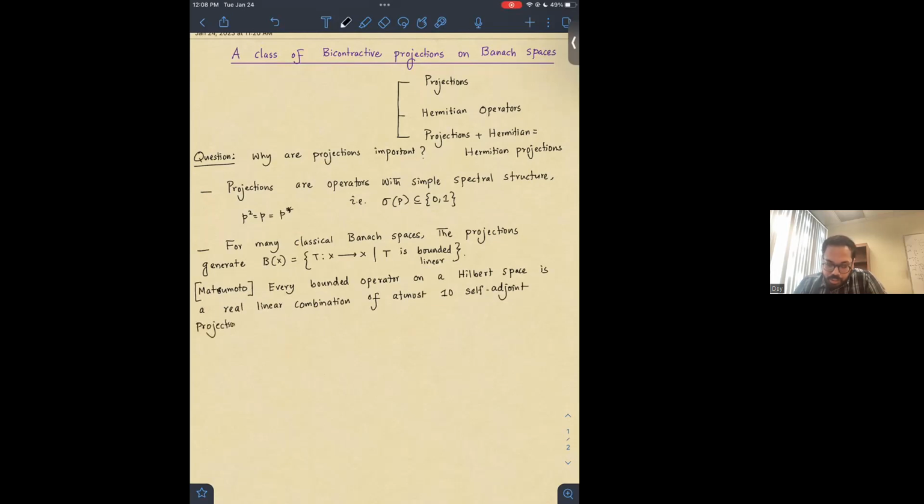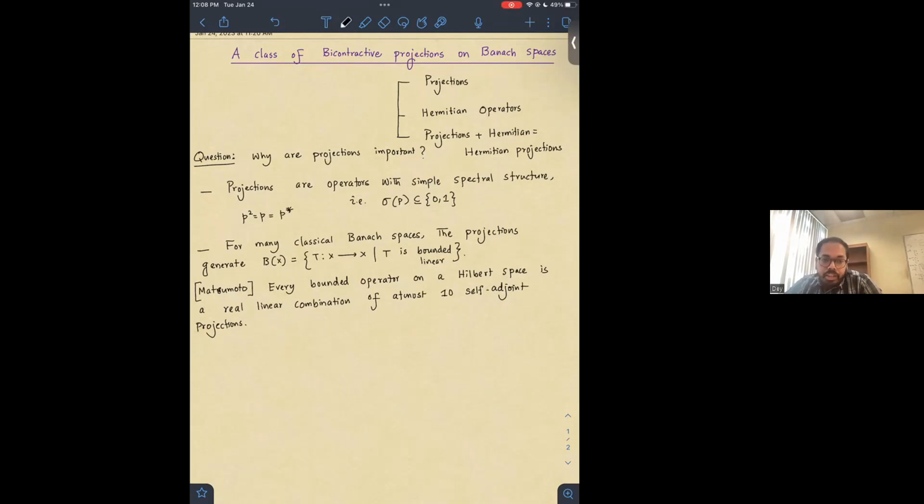That's, according to me, phenomenal, because you take any bounded operator on a Hilbert space, you can write it as a linear combination of at most 10 projections. So projections could be fewer, but it is at most 10. Historically, the number 10 is the best improvement that has been made so far. The first result along those lines was by, I forgot his name, but it was in the early 1950s.